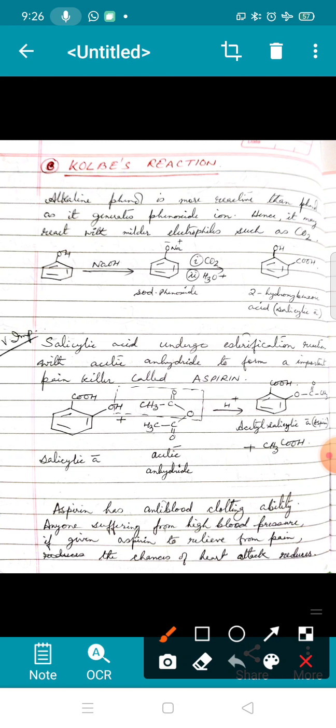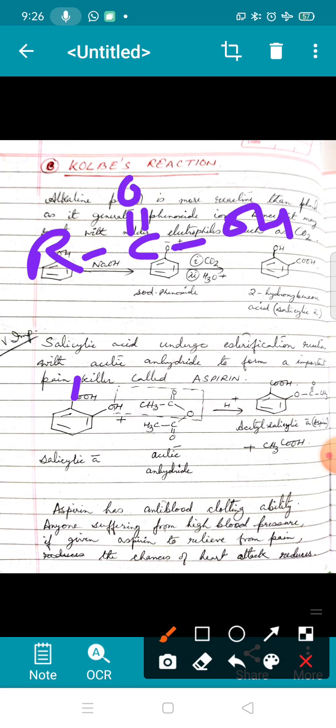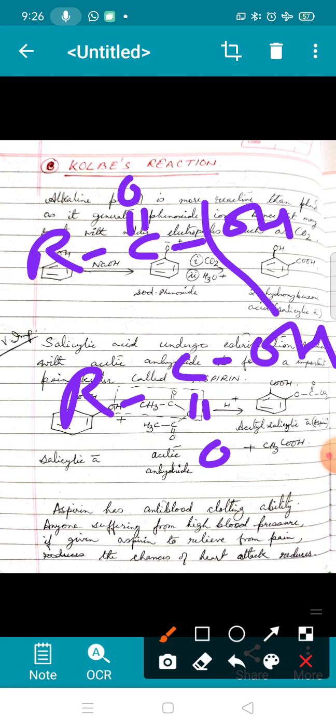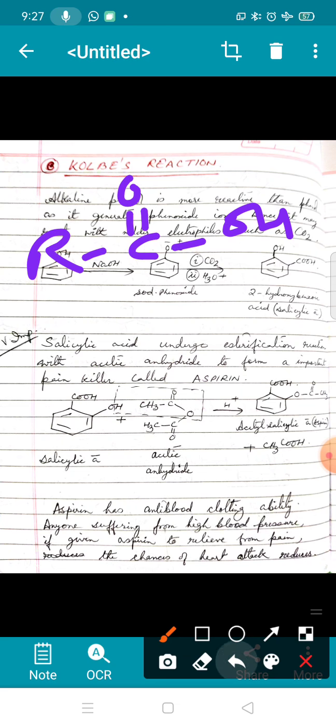Now what is anhydride? Normally we write acids to be RCOOH. If I have two molecules of RCOOH and we remove a molecule of water from here, whatever we are left with is called carboxylic acid anhydride.